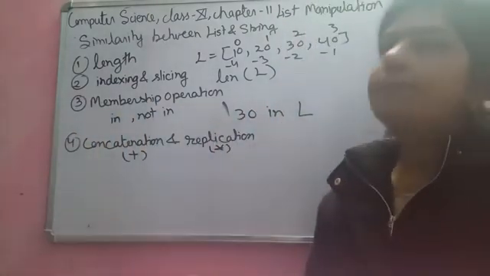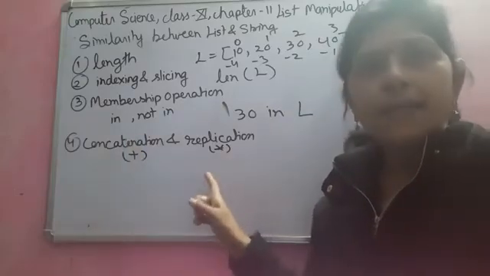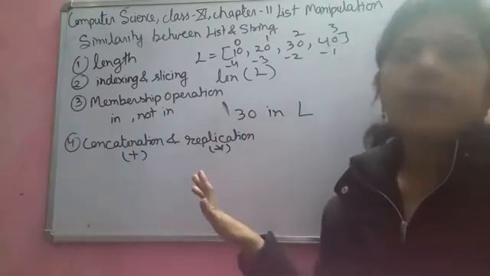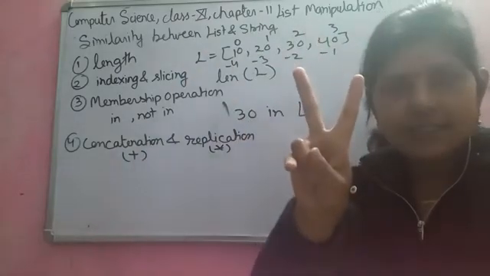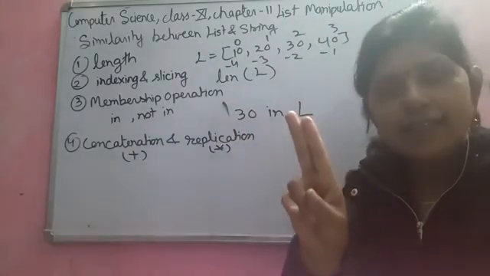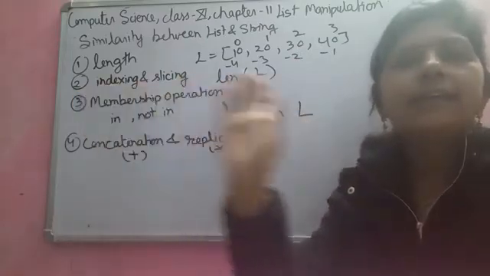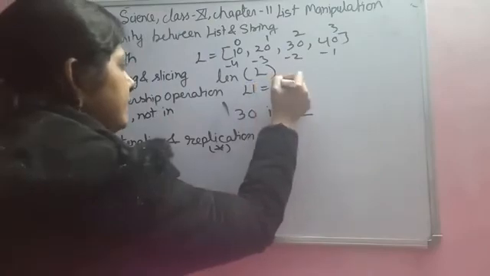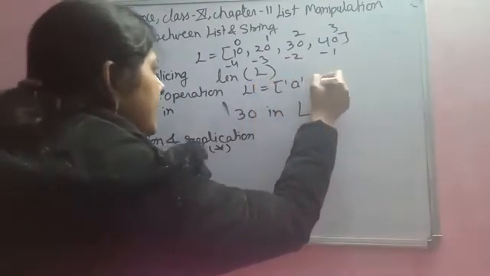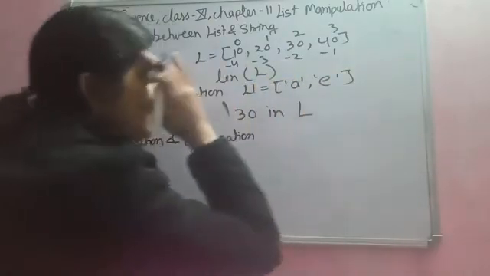Same work is performed by both the operators in the list also. Plus operator takes two lists, concatenates the lists and returns the concatenated list. Just like this, this is the L and this is the L1, A, E. Right?